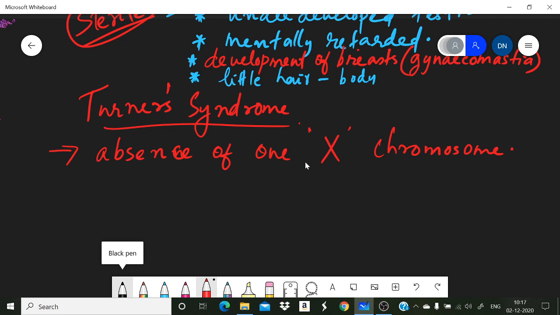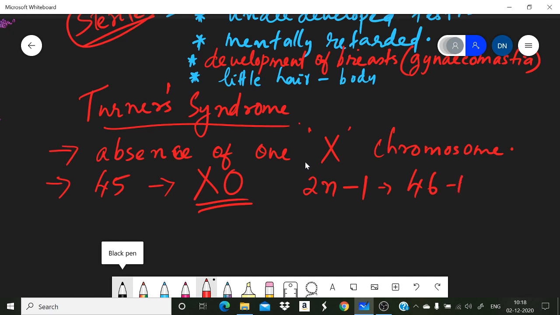Hence, the individual has only 45 chromosomes, and the karyotype can be represented as X0. It is 2n minus 1, that is 46 minus 1 equals 45 chromosomes.